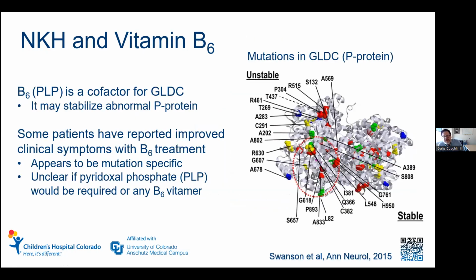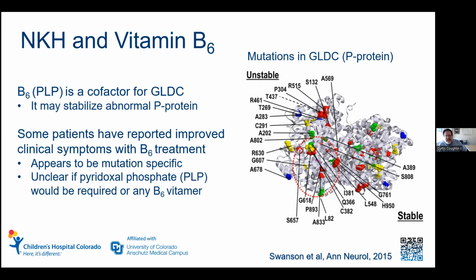Some other treatments for NKH: I mentioned in the third slide that the glycine cleavage enzyme requires pyridoxal 5-phosphate. Somewhere between 40 and 200 enzymes require pyridoxal phosphate. This is one of the many enzymes that do. There have been a few case reports of patients who seem to do better just by receiving pyridoxal phosphate.